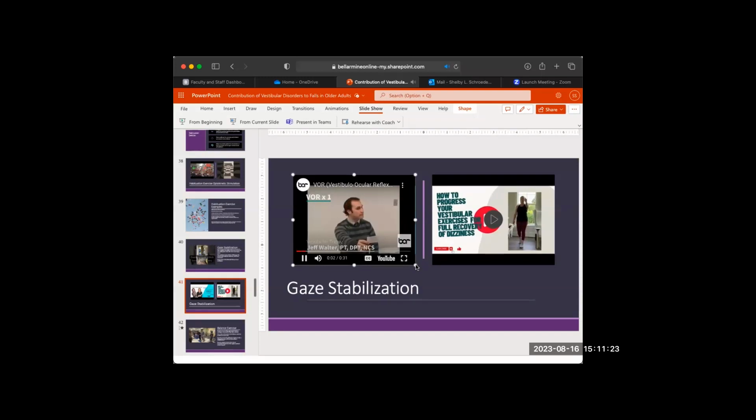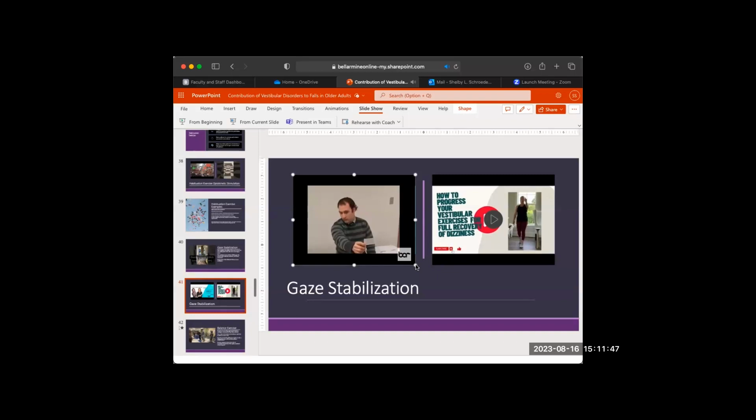This is VOR times 1. The target is stable, but the patient's head is set in motion. Over time, it's good to increase the frequency of the head movement. And you can perform these in a variety of planes: horizontal, vertical, and then in a diagonal plane.